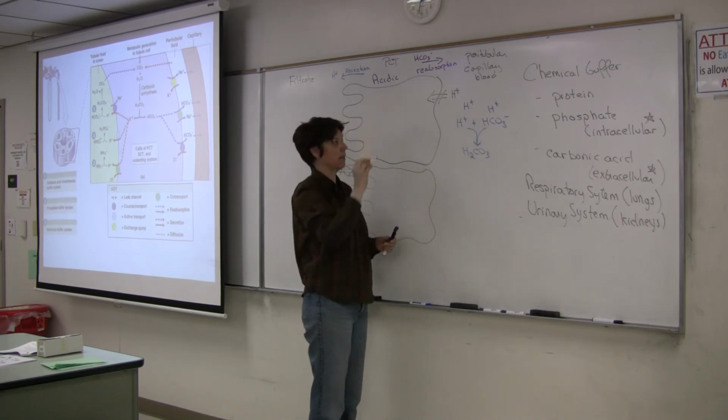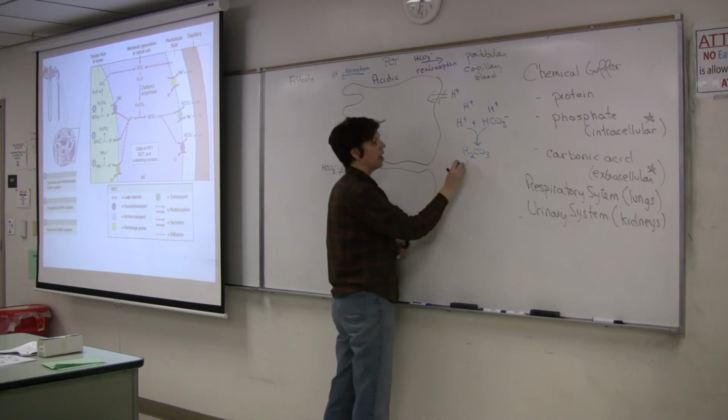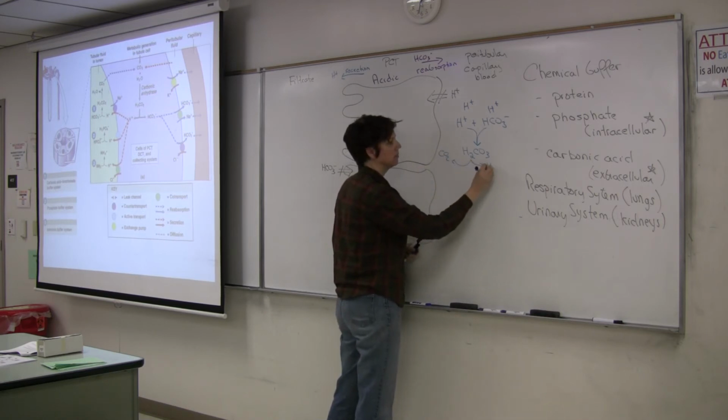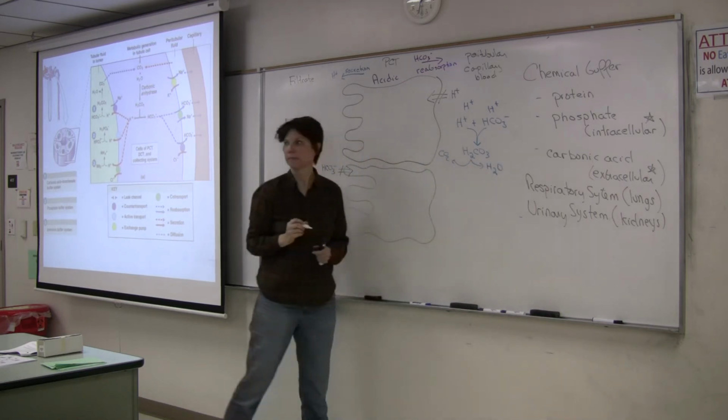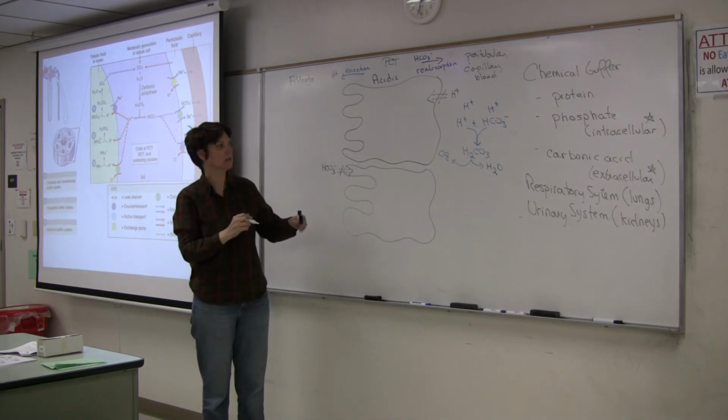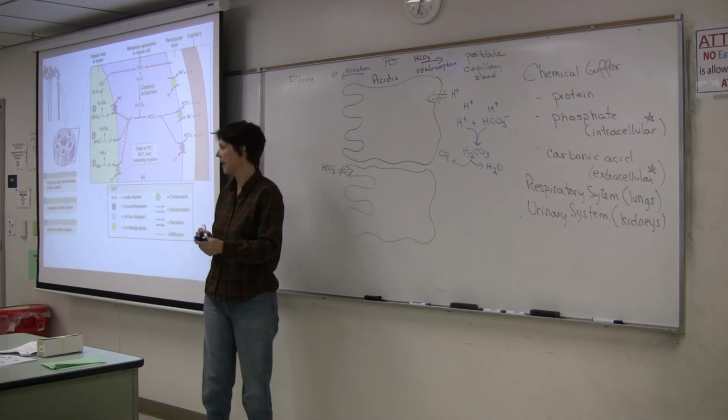This is taking place in our peritubular capillary blood. The carbonic acid is going to dissociate to form carbon dioxide and water. Now, carbon dioxide can diffuse into our cell. Okay?